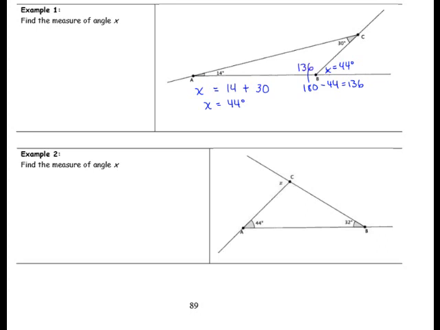We know that because the sum of the measures of angles on a straight line equal 180 degrees.